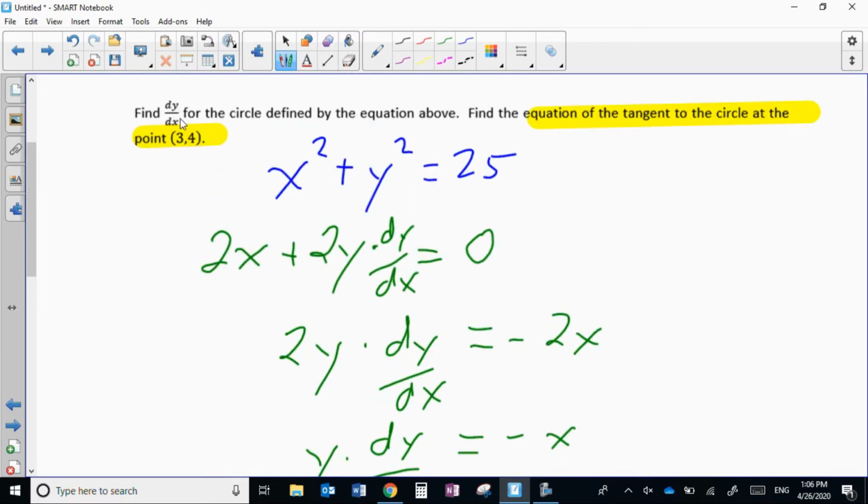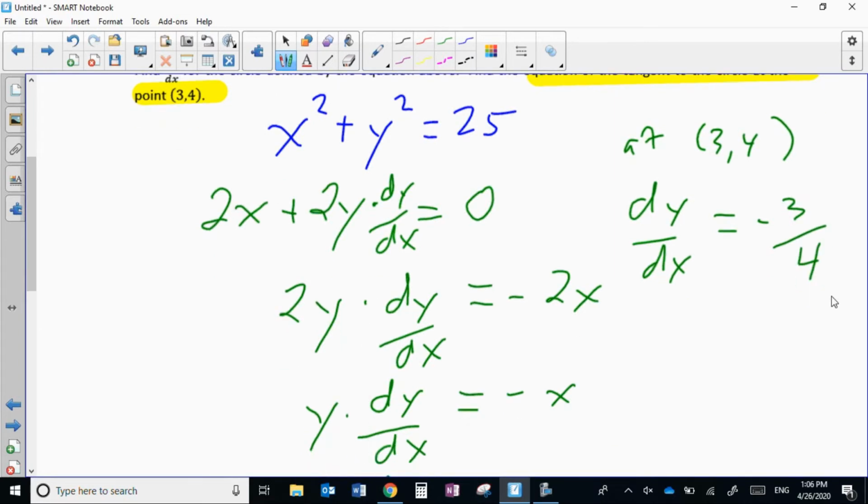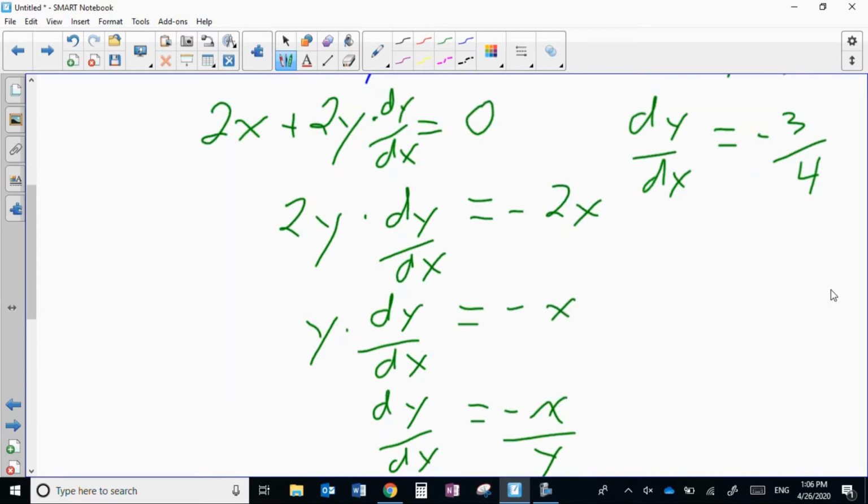Okay, well, at the point 3, 4, we could say dy by dx is equal to, well, we had negative x over y, so negative 3/4. And then, of course, we can find the equation of the tangent as well. Negative 3/4 will equal y minus 4 over x plus 3.